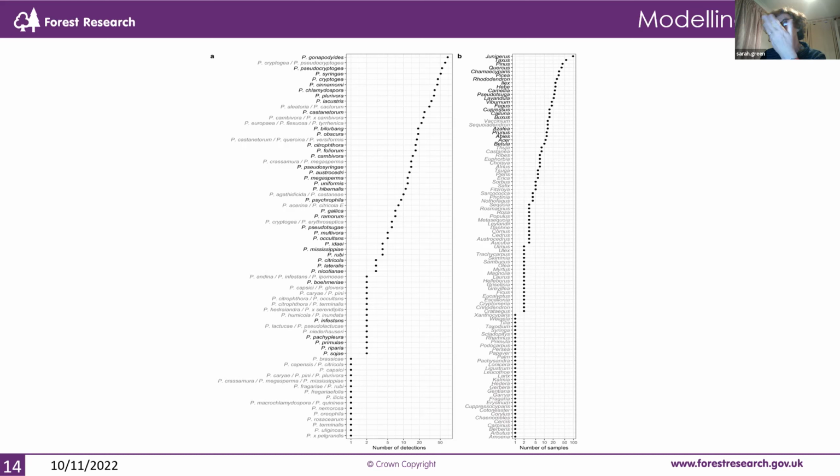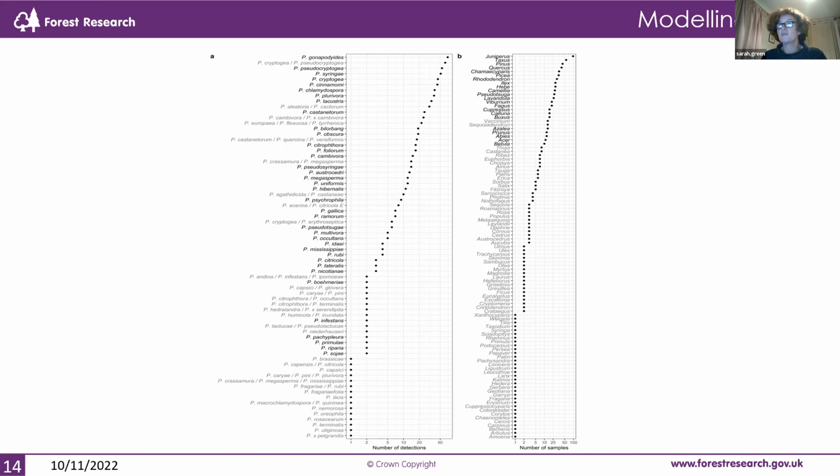For those of you who are familiar with the different species, you can see, probably in some cases, the usual suspects, but the ones in bold are the Phytophthoras that were actually included in the models, because these were Phytophthoras that could be identified to a clear single species, whereas the ITS1 region in some cases doesn't allow differentiation between two or more species, and up until now those haven't been included in the model, but we hope to be able to change that and include more species in the models.